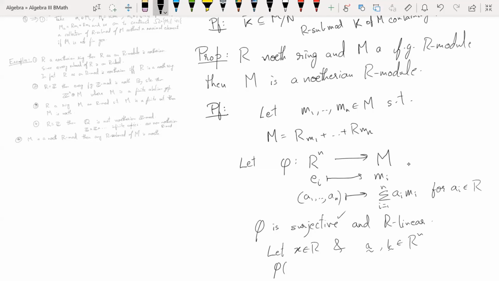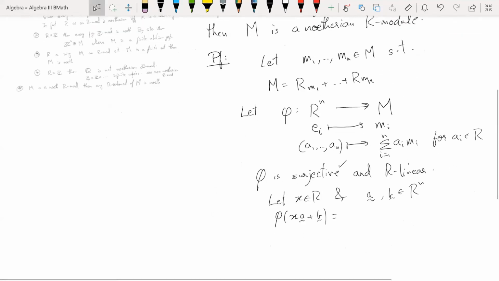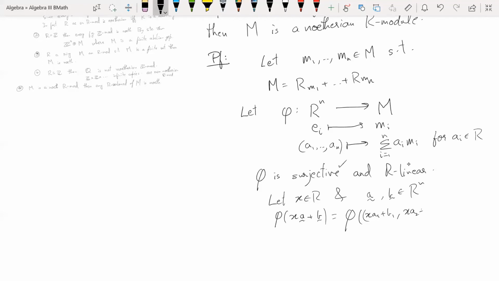Then we want to show that phi of xa plus b is the same as x times phi a plus phi b. But what is xa plus b? This is how the module structure is: x times a is just x a1, x a2, ..., x an, and if you add b, it's component-wise addition.